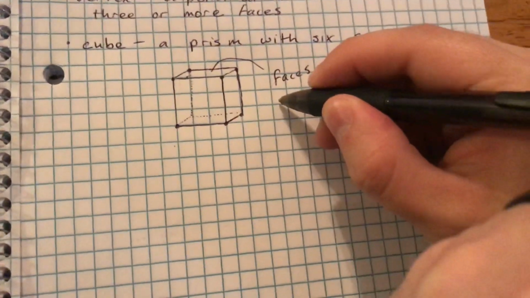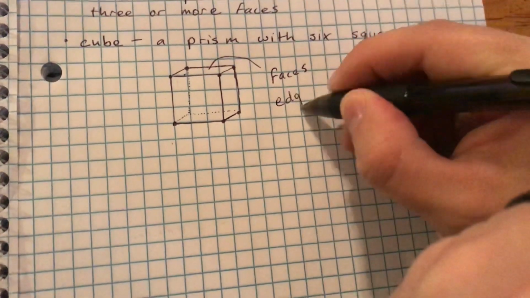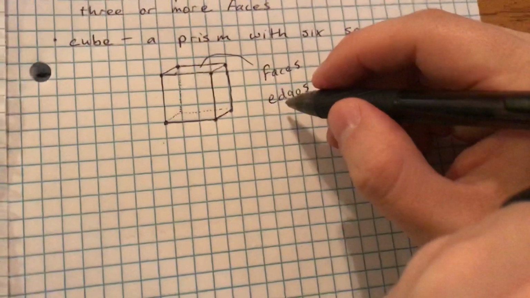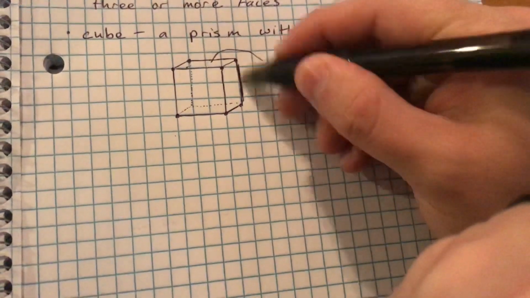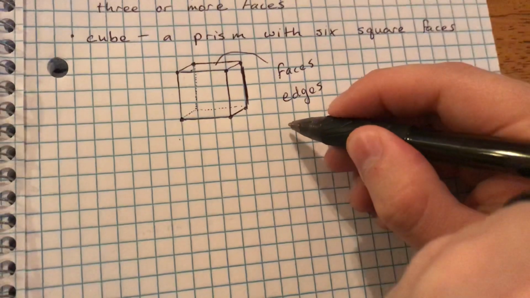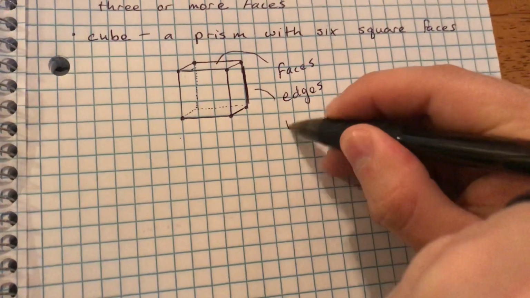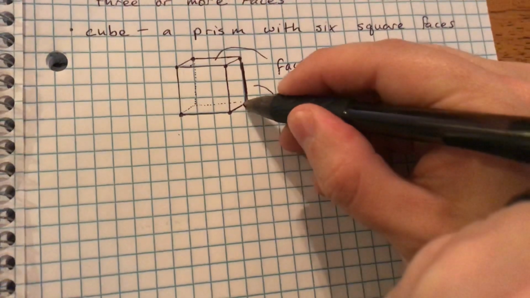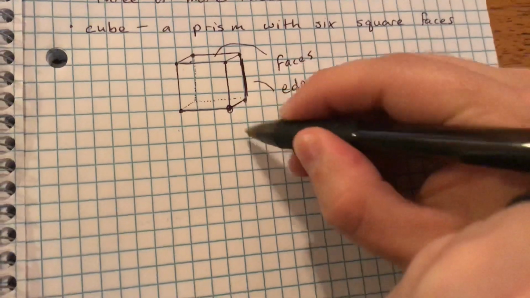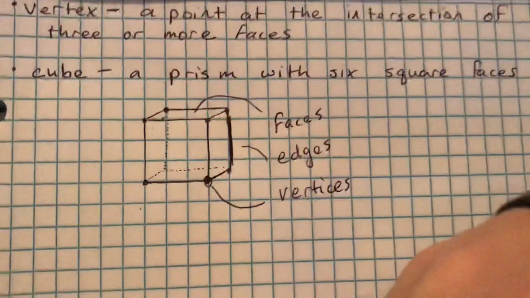We have edges, and examples of edges are like this line here, and we have, I'll point to it, and we have vertices. So an example of a vertex is this thing here, okay?